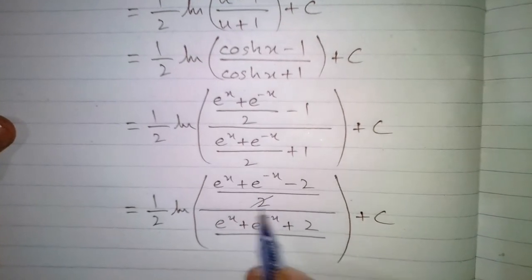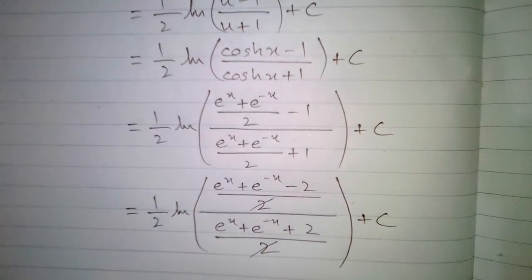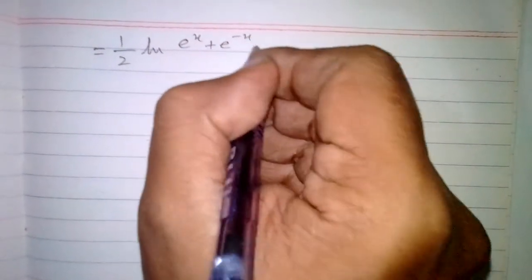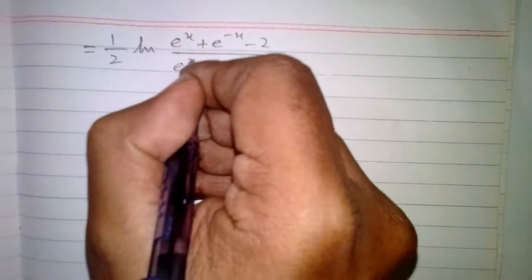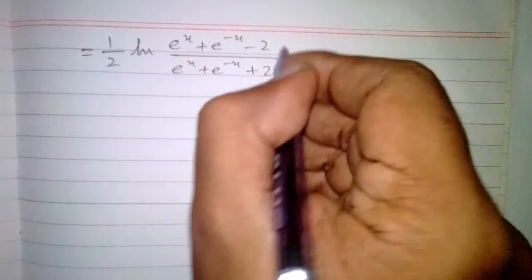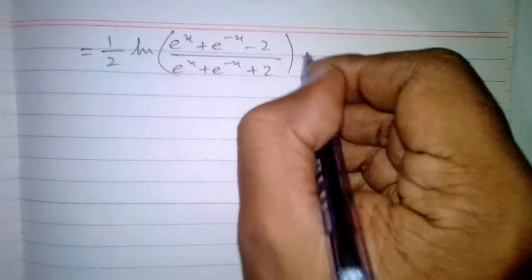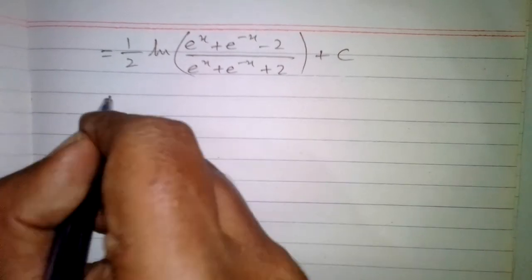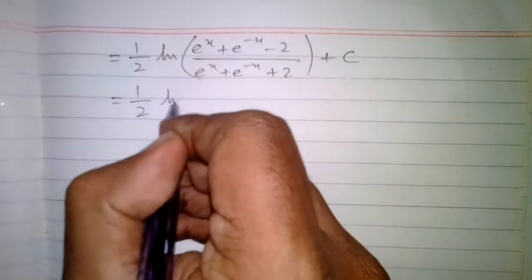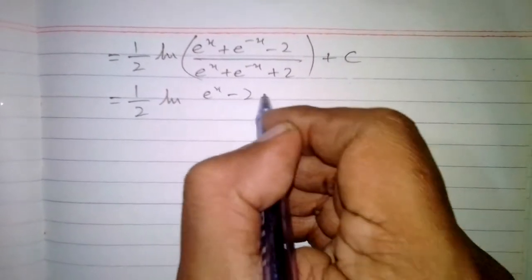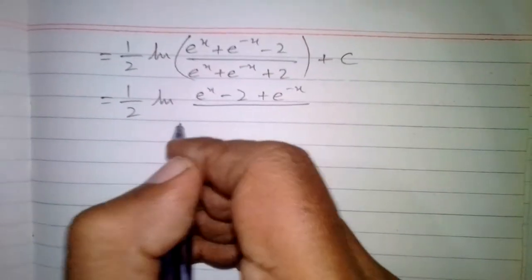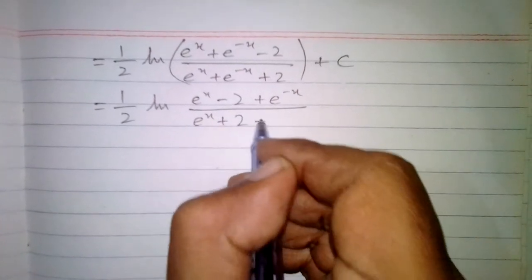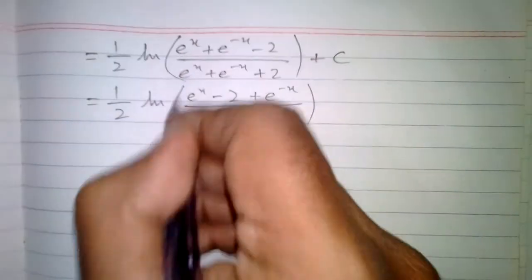Now we can cancel these 2's, so we have half of ln e to the power x plus e to the power minus x minus 2 upon e to the power x plus e to the power minus x plus 2 plus c. Now this can be written as half of ln e to the power x minus 2 plus e to the power minus x over e to the power x plus 2 plus e to the power minus x plus c.